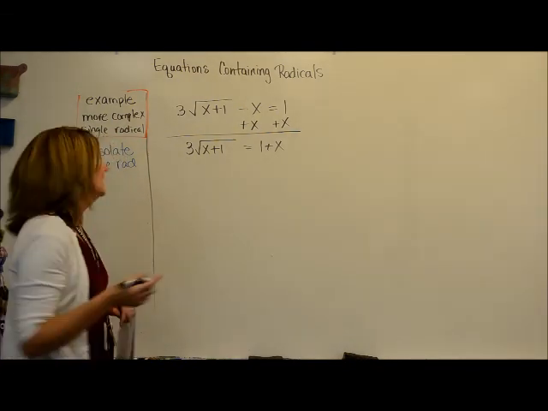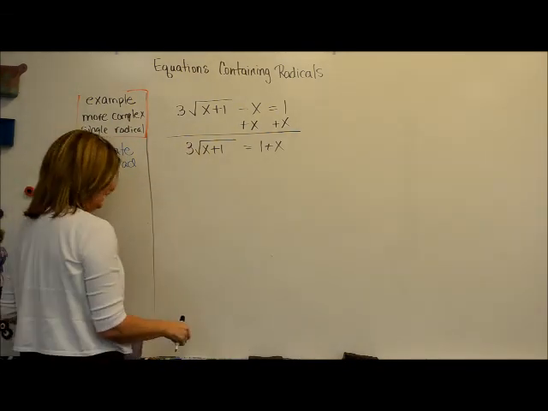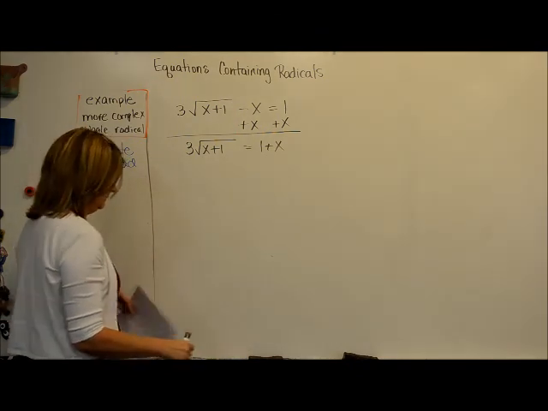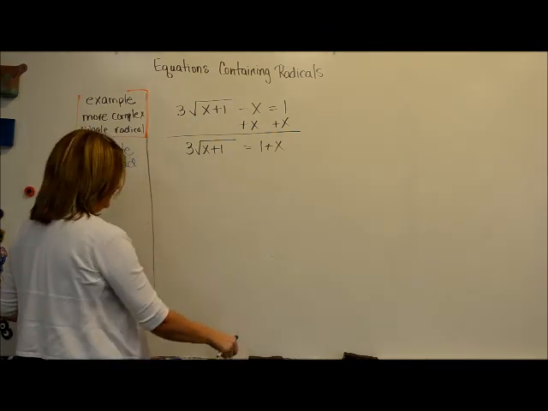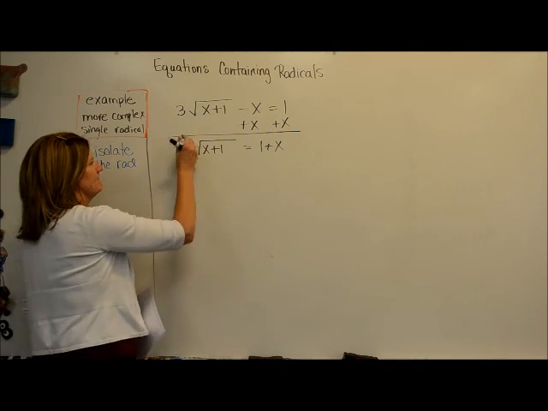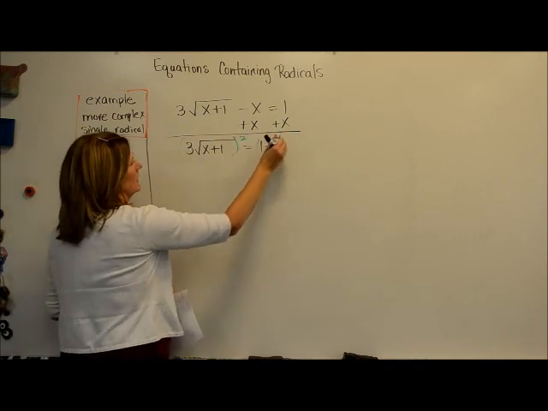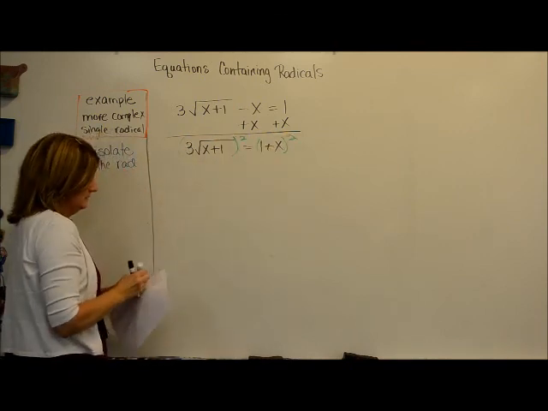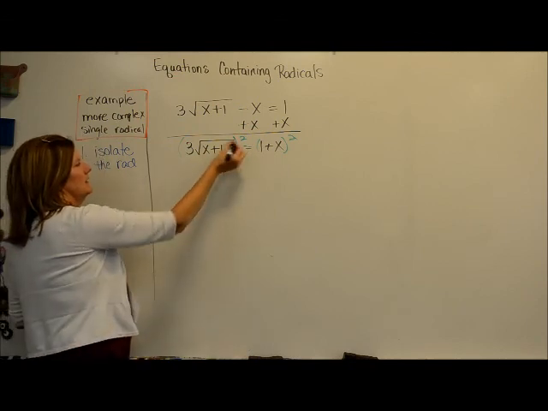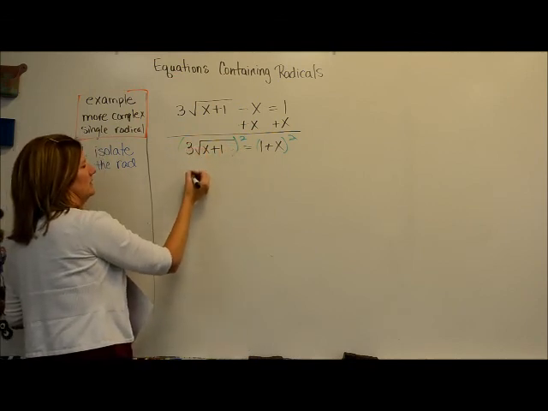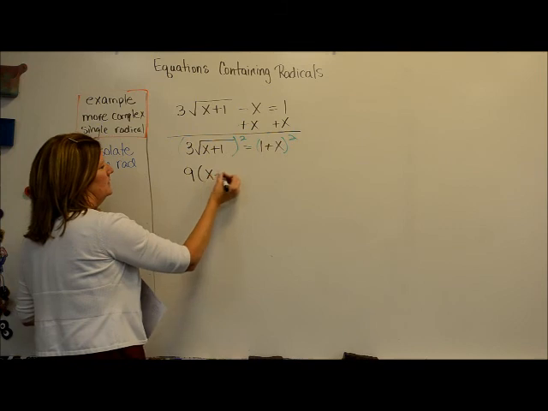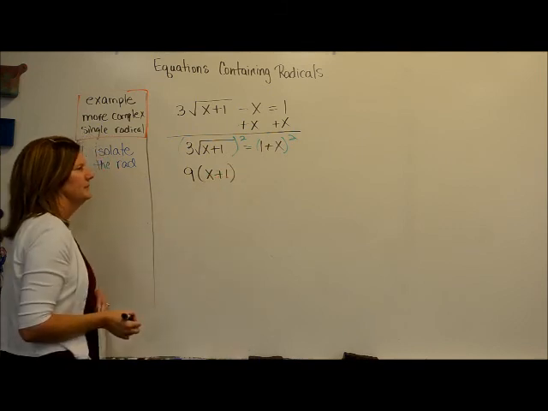Now I have a square root, so I'm going to square both sides. I'll show you one that's cubed. I think I have that in my notes here. Squaring both sides, I'm going to have to square the 3. So I have 9 times this quantity x plus 1.